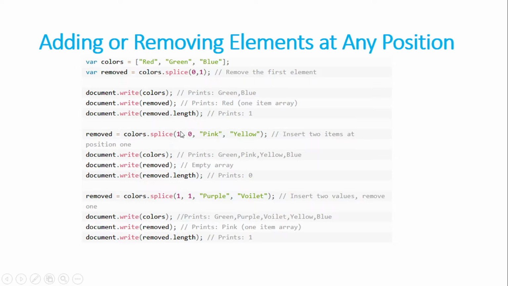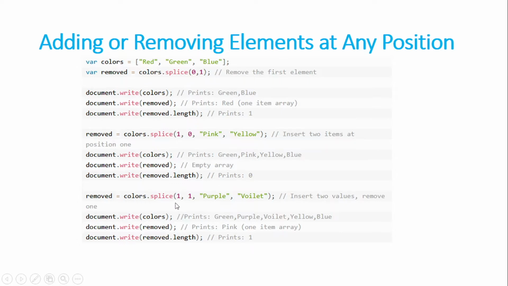So from the first index, blue will be shifted ahead, and it will add pink and yellow. Now you can see the result will be like this. After the green, at the first index pink is there, and then yellow, and at the last the blue is there. So earlier it was green and blue, now it is green, pink, yellow and blue. Pink and yellow are added by this statement.